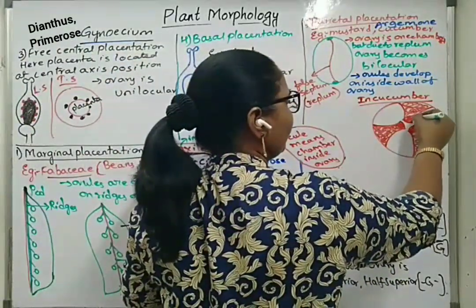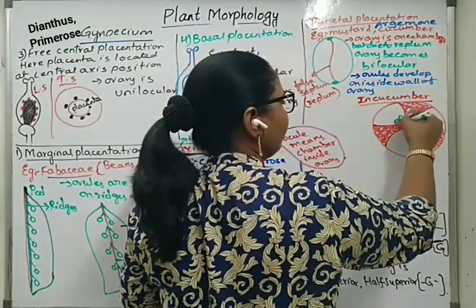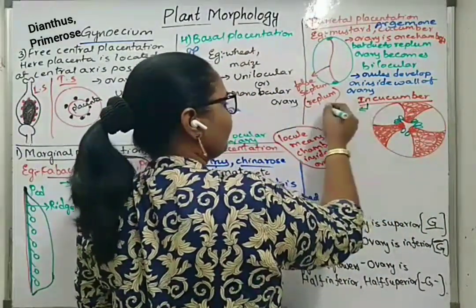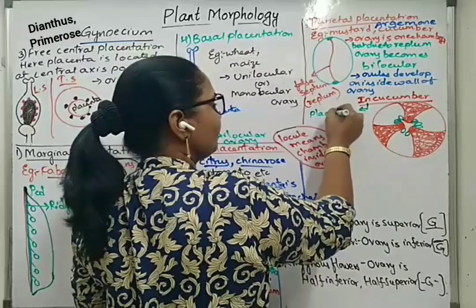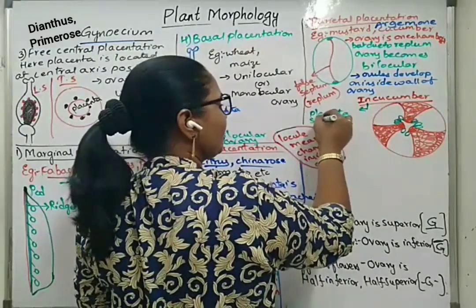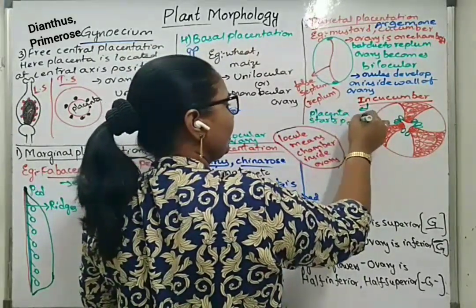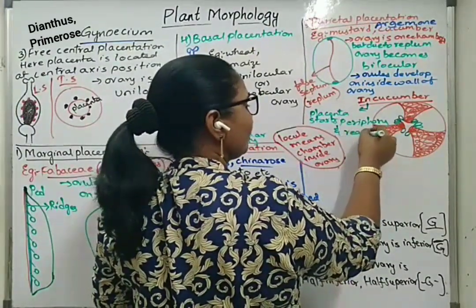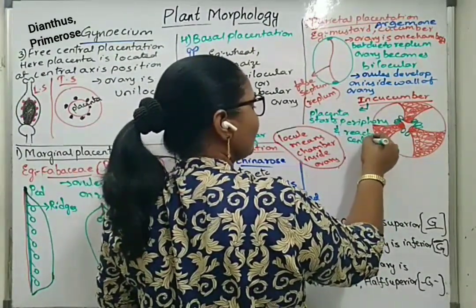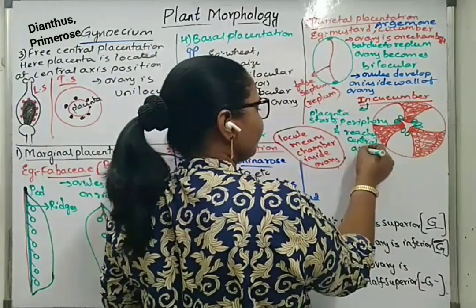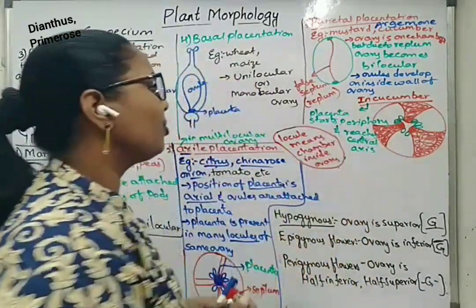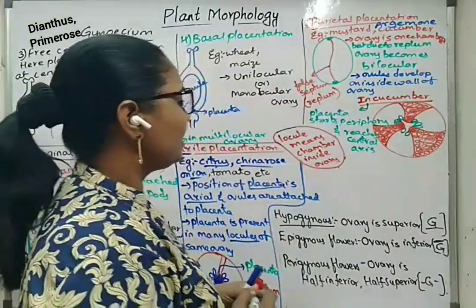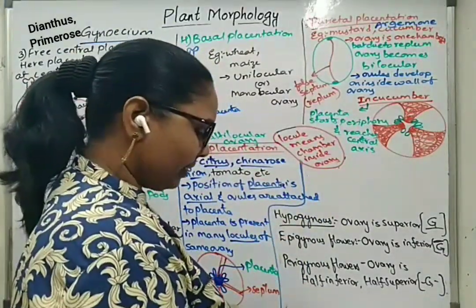Seeds develop here. We can write placenta starts from periphery and reaches central axis. In case of cucumber we see like this. In case of mustard we see replum, that is false septum.